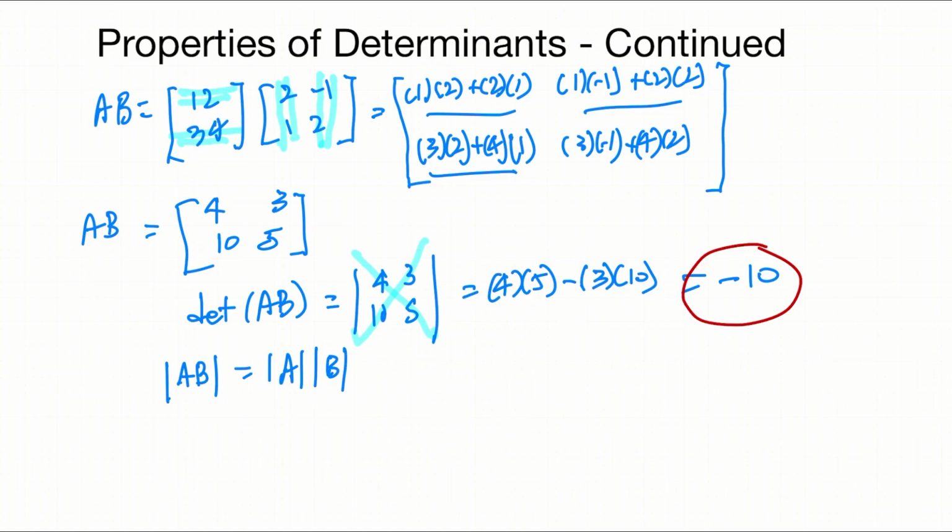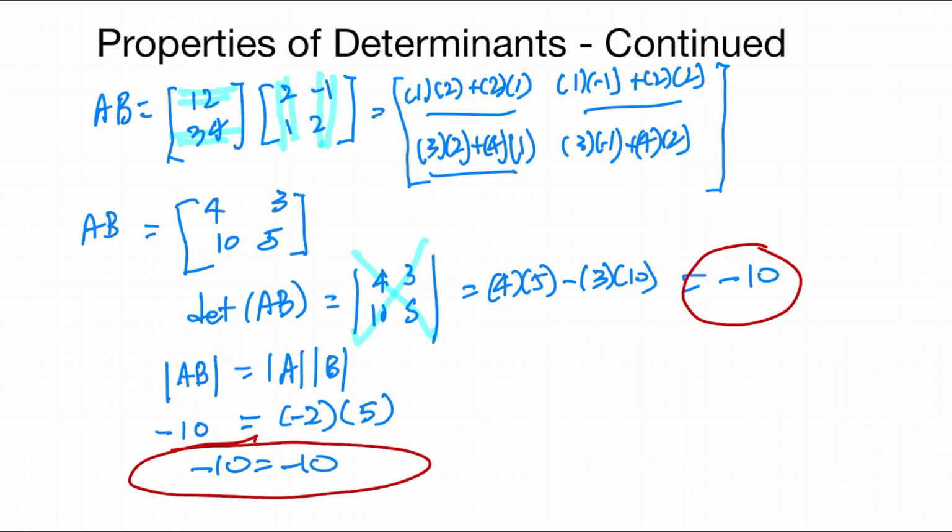Now we know from what we just completed, the determinant of the product of A and B is minus 10, and we determined the determinant of A is minus 2, the determinant of B is 5, so minus 10 does equal minus 10, and that illustrates that this theorem at least worked in this one example, and we know it works in all examples, but it is a good way of reviewing that.